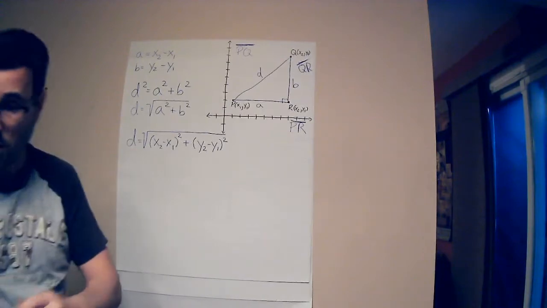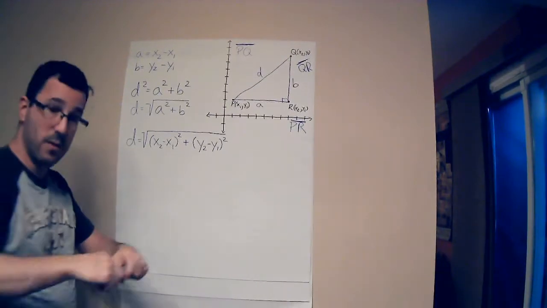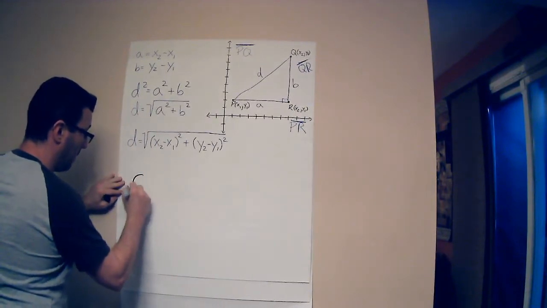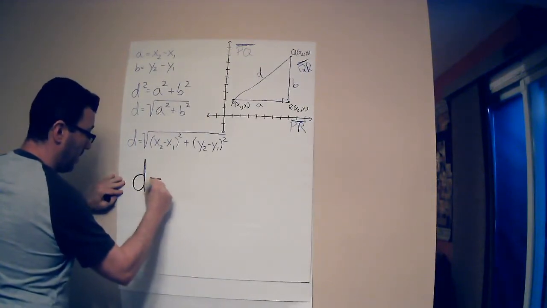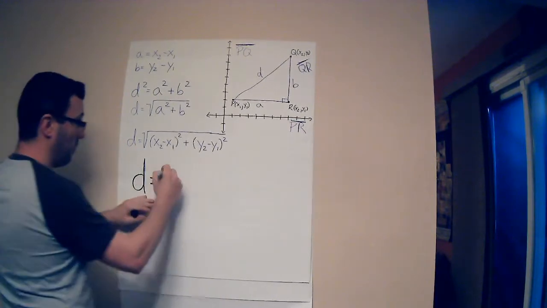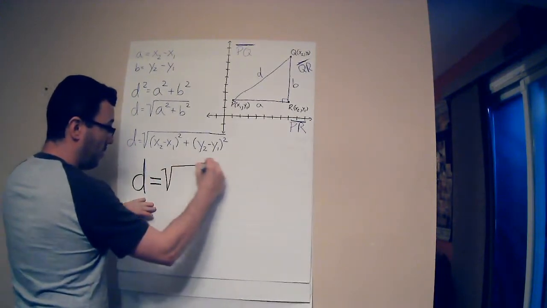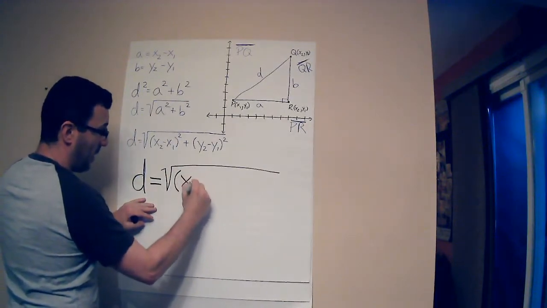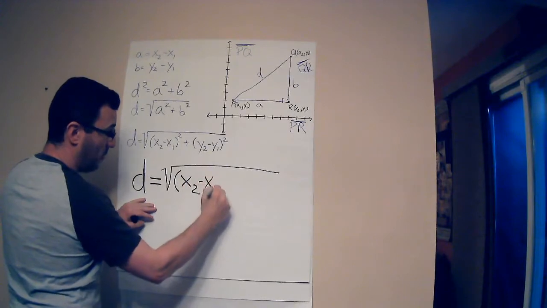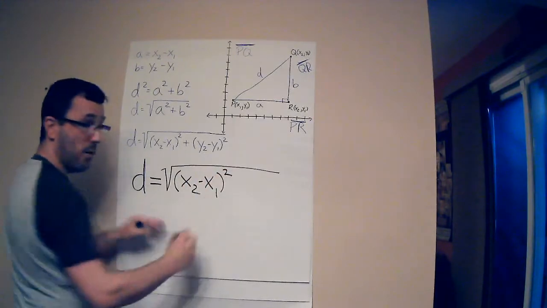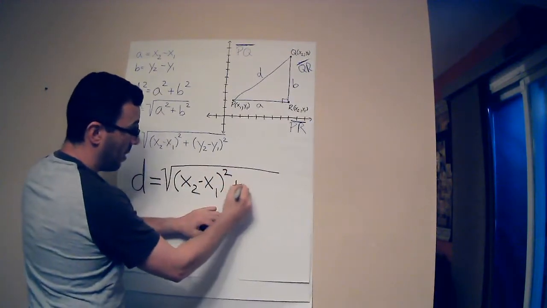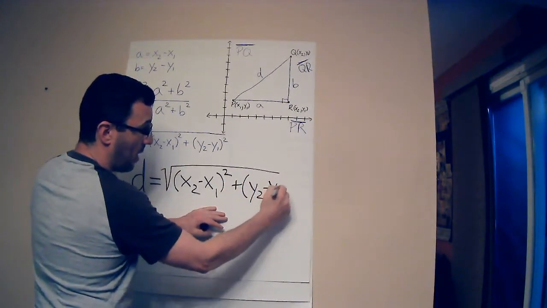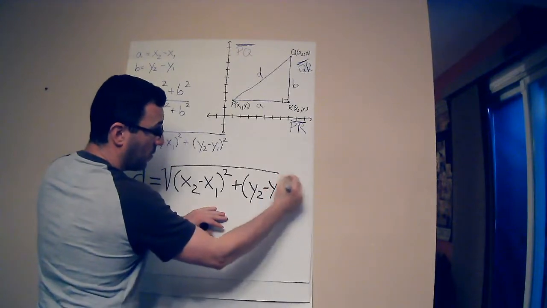And this right here, I'm going to write it bigger. Let me use my big chisel one. d equals, so the distance equals the square root of x2 minus x1 squared plus y2 minus y1 squared.